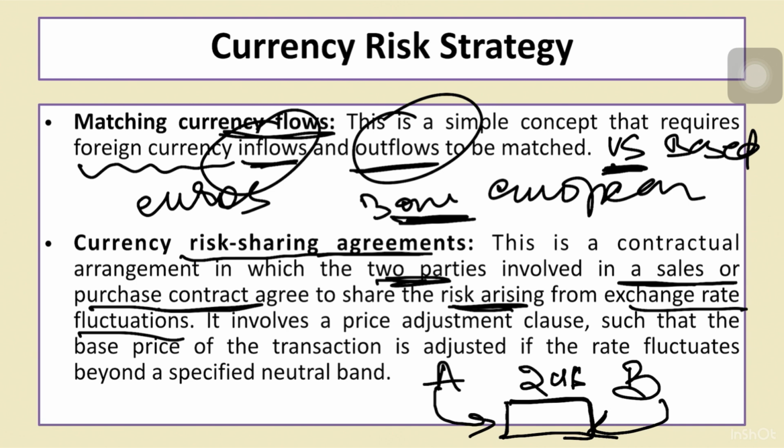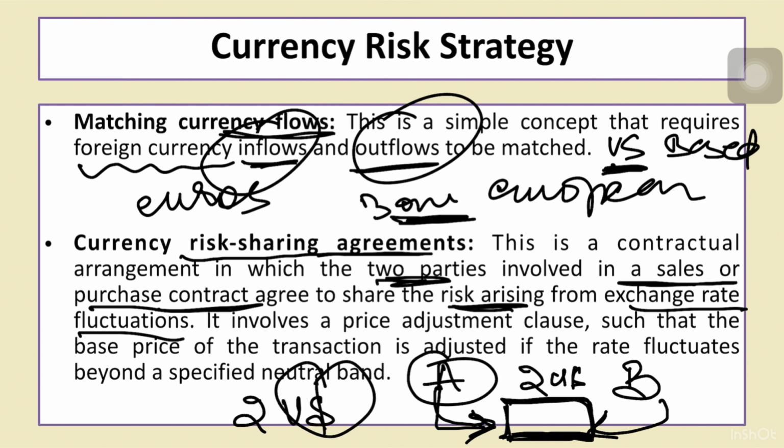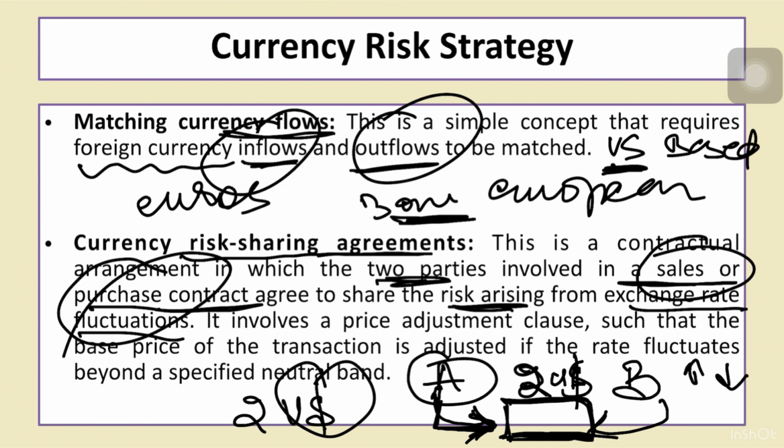So what we have done is that we have fixed the agreement beforehand, and after 3 months A is going to pay $2 for a specific product. Whether the price of the same product increases or decreases, A is going to pay $2. So this is the currency risk sharing agreement, where an agreement for sale or purchase is being fixed previously.